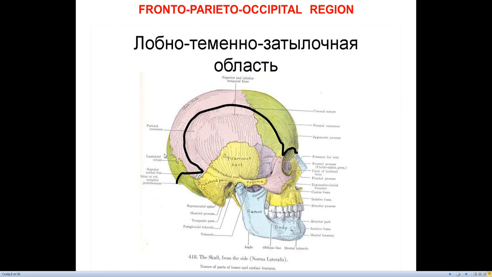More deeply to it is the diploe. It receives this name because here rest vessels, diploic veins.